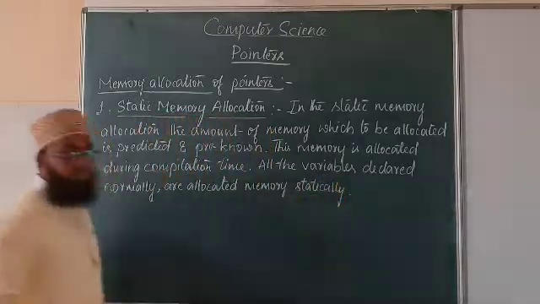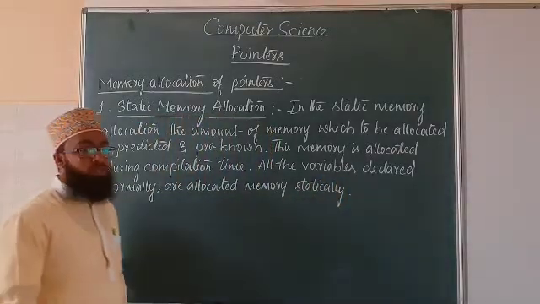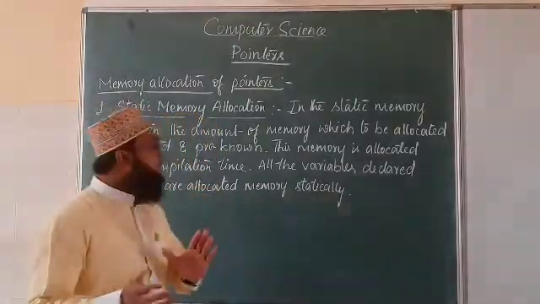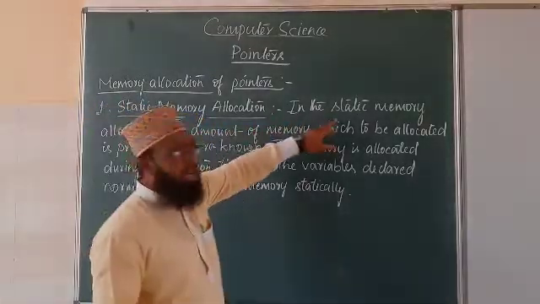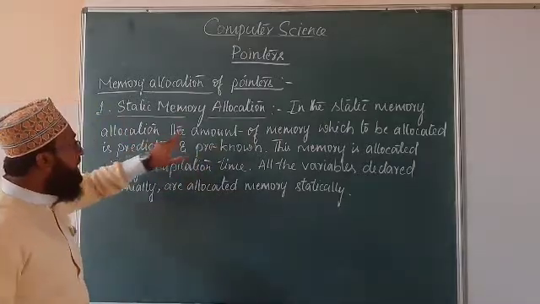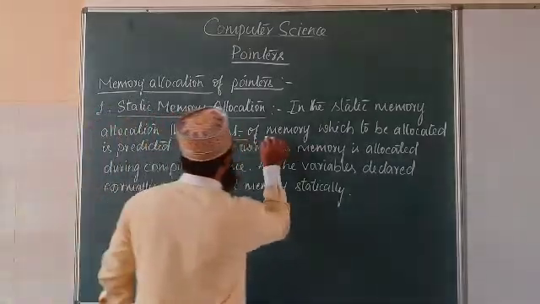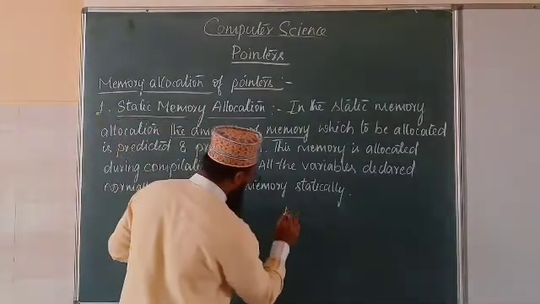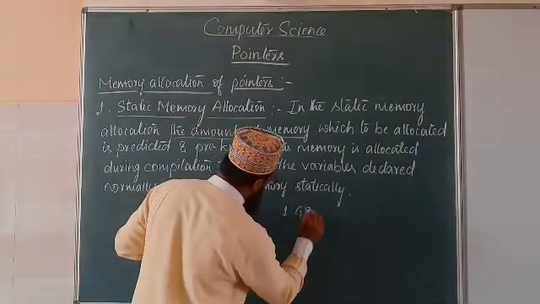Okay, now I will explain these things in detail so that you can understand clearly. Think that in static memory allocation, we are having 1 GB of memory.